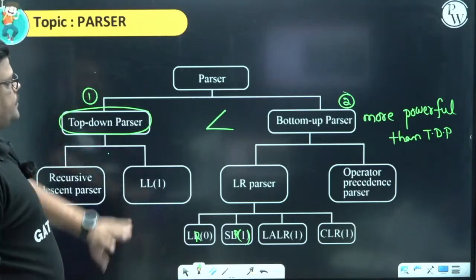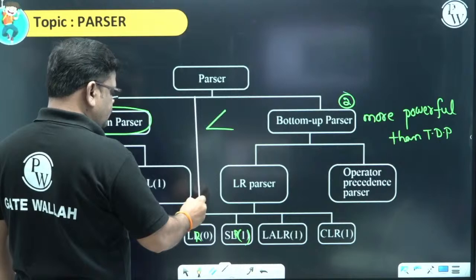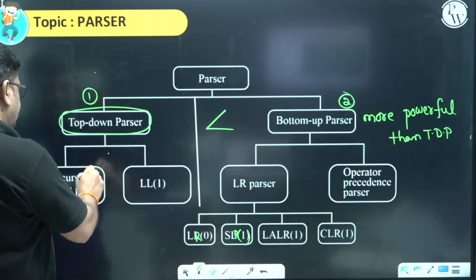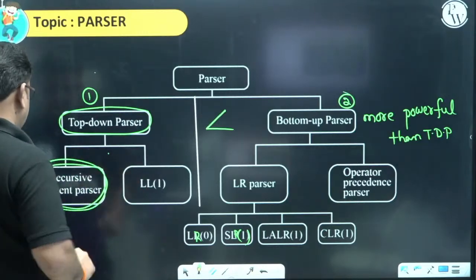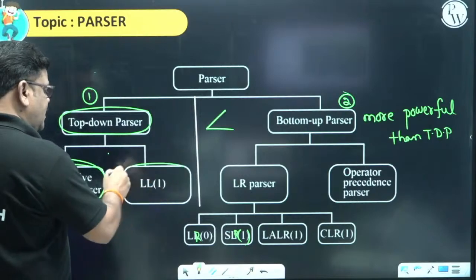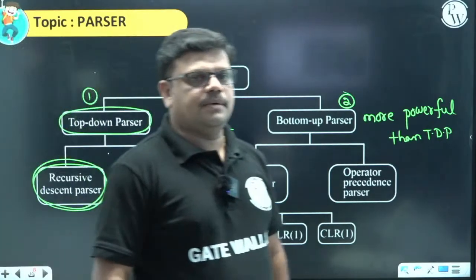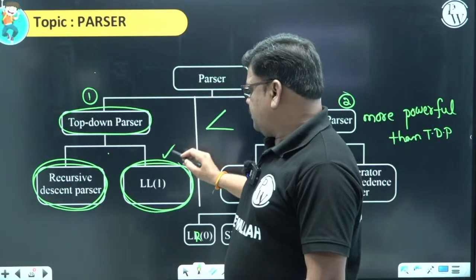In top-down parsers, majorly we have two types of algorithms: recursive descent parser and LL1 parser. Let us focus only on top-down in today's class. Our discussion will be mostly on the LL1 parser today.